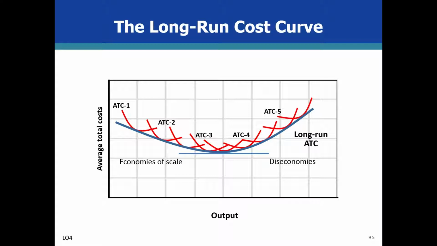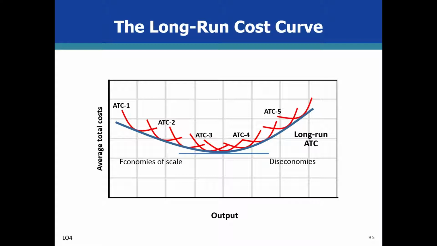In the long run, there are configurations that enable economies of scale and those that lead to diseconomies, or plant and equipment configurations that have their own average total cost that is low, but in total continue to increase average total cost.